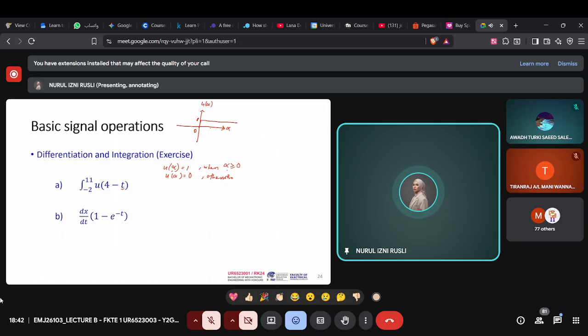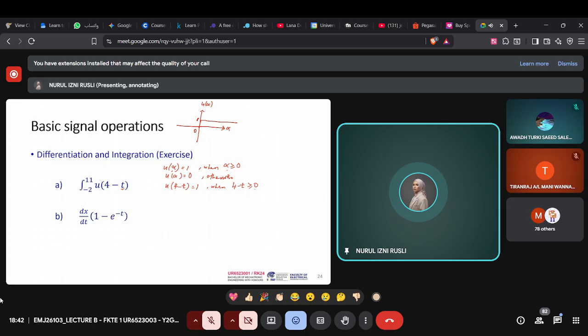So this is the unit step function. So you know that now you have u of 4 minus t equal to 1 when 4 minus t is greater than or equal to 0.